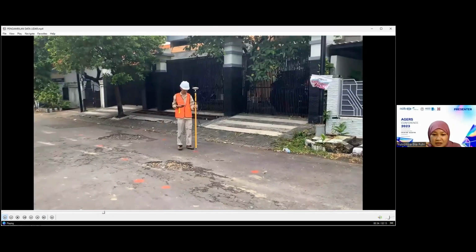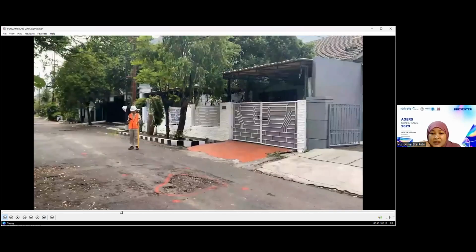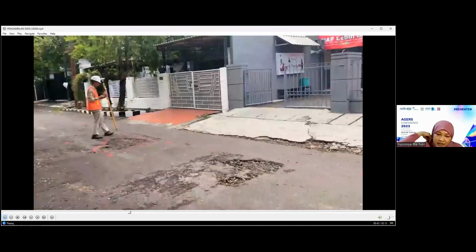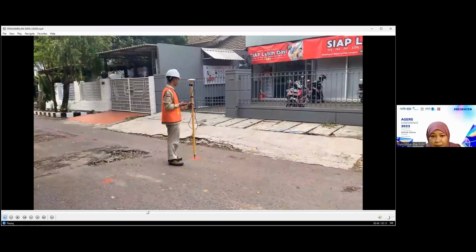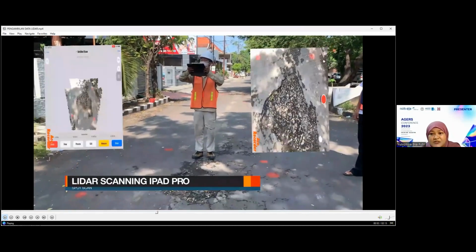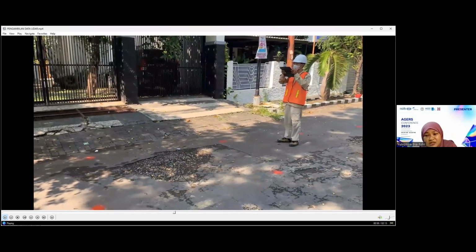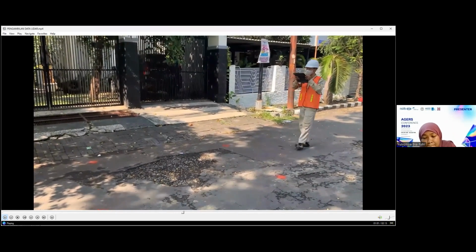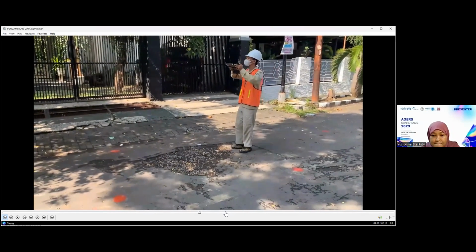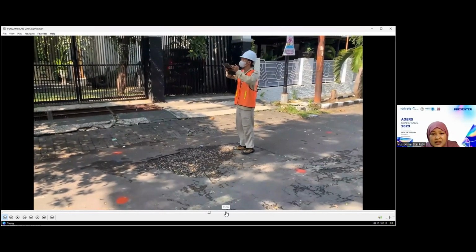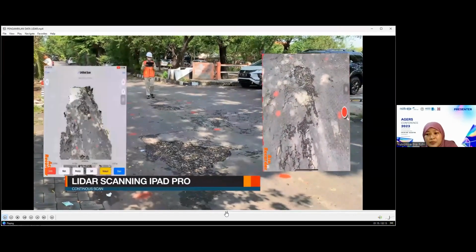We focus on the pothole scanning position, so we can get the mark. It is for accuracy. And then the process of scanning uses an iPad Pro. It's a spot scan method. Spot scan, and the second one is continuous scan, walking through the pothole.